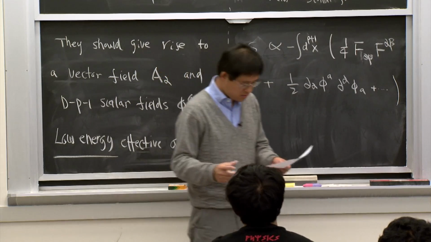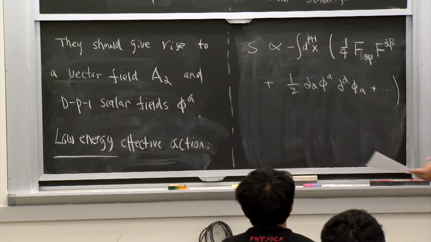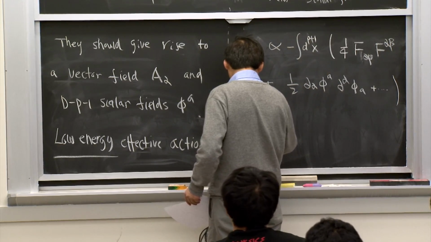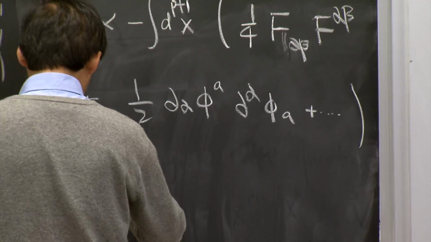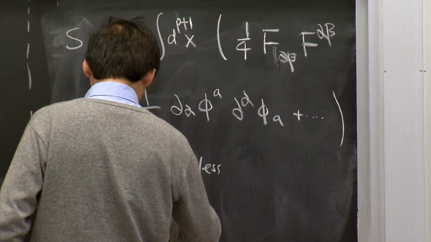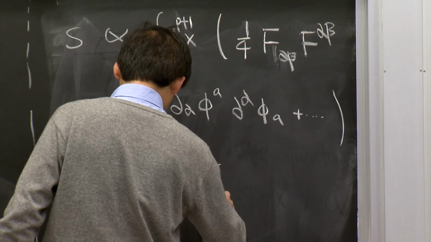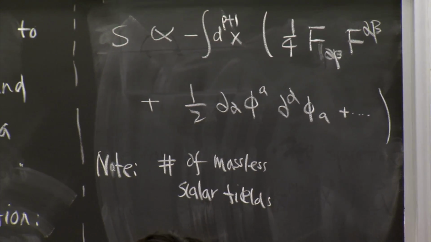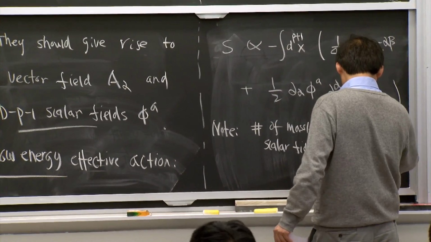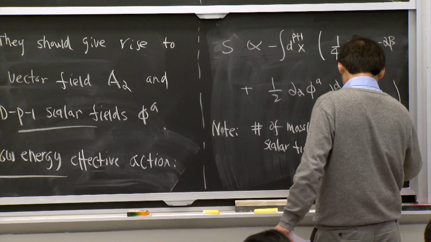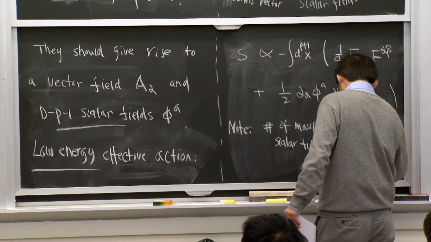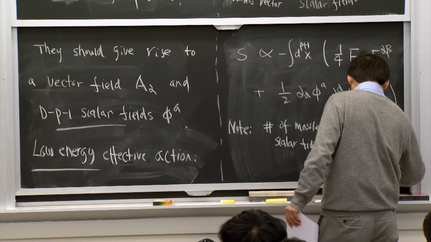So now let me first note, let me emphasize this point, that the number of massless scalar fields, so we have such a bunch of scalar fields, is exactly the number of transverse directions to the D-brane.